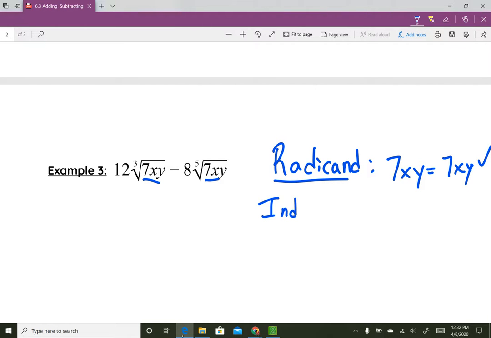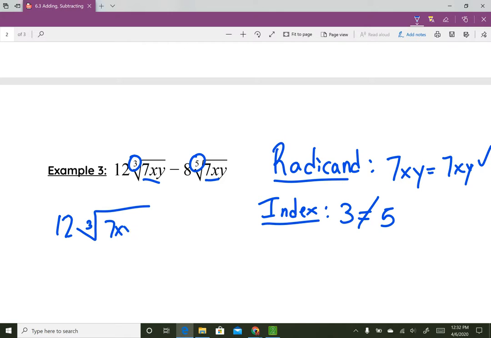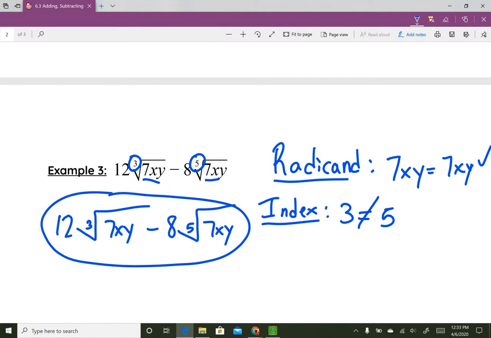How about my index? Well, I have a 3 and I have a 5. Do they equal each other? They do not. So guess what? I'm just rewriting this as it is because this is my answer. 7xy minus 8, 5th root of 7xy. We have ourselves an answer. Example 2 and 3, pretty easy, right? We just got to check.